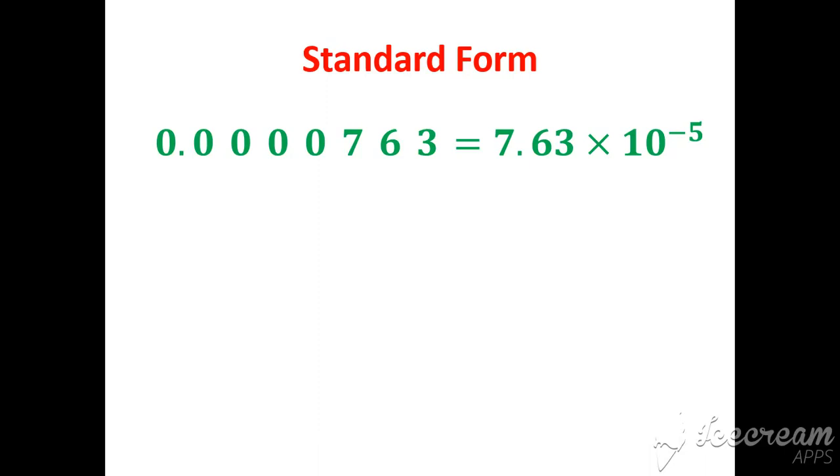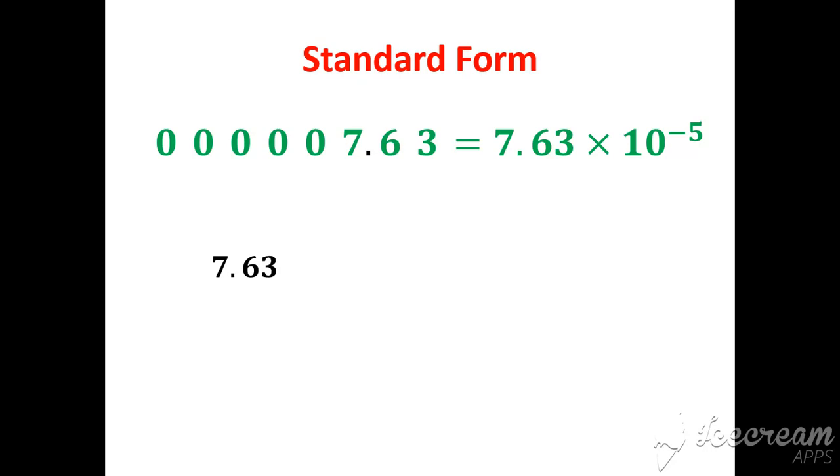Let's look at this example. The number 0.0000763 is written in standard form as 7.63 times 10 to the power of -5. Let's show you how we do this. We once again pretend that the decimal point is between the first two significant figures, between the 7 and the 6, so we write it as 7.63.